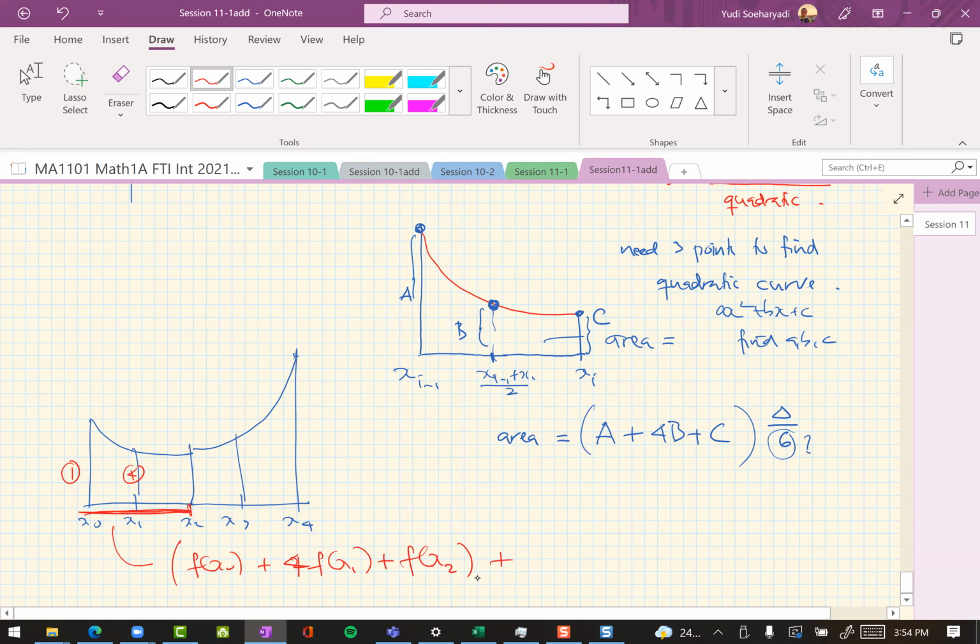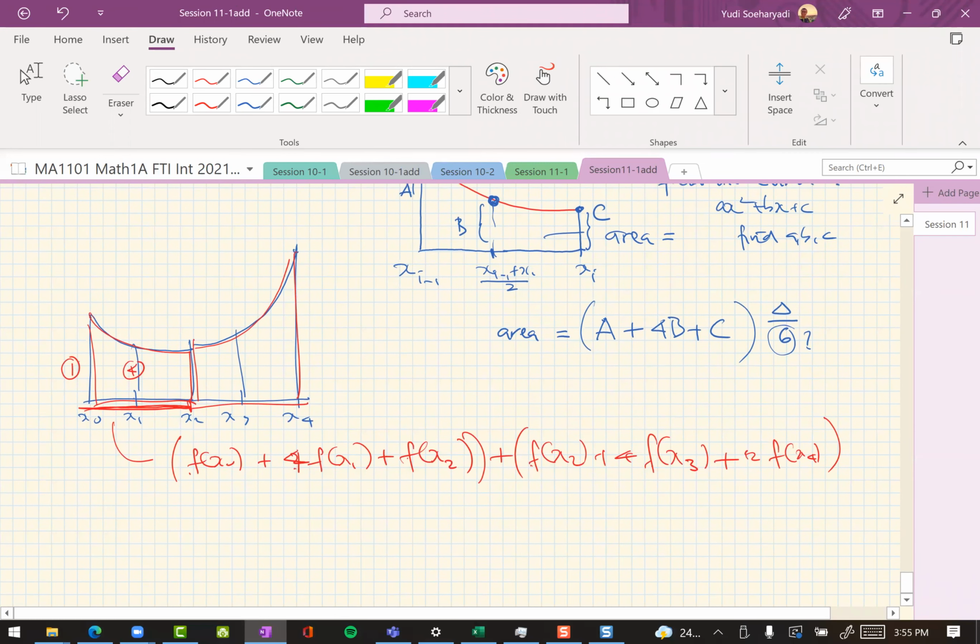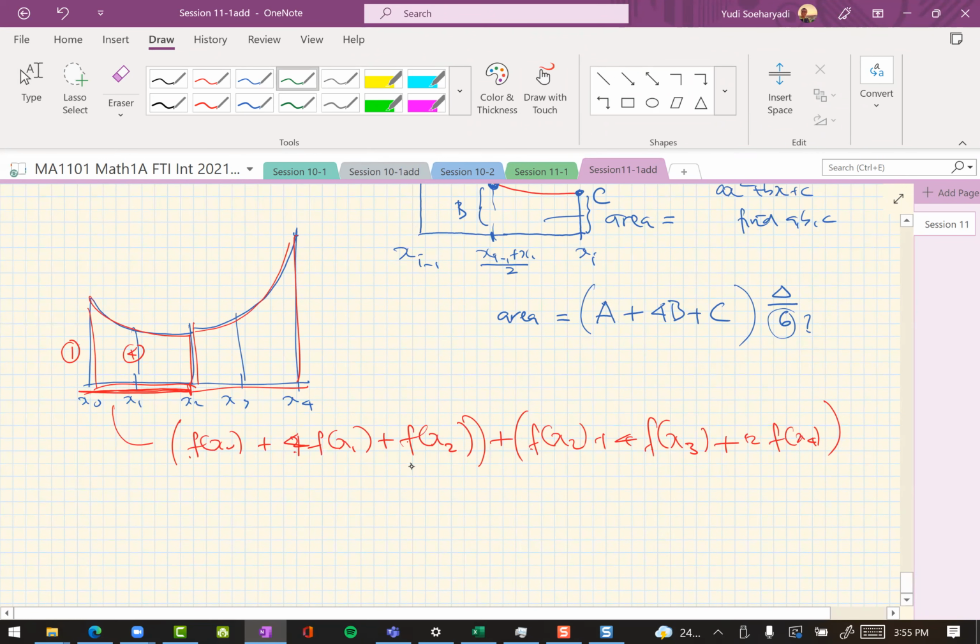And then the second one, you get 2 fx of 2, and therefore fx of 3, and f of x 4. 1 for 1, 1 for 1. See here? 2 of them.